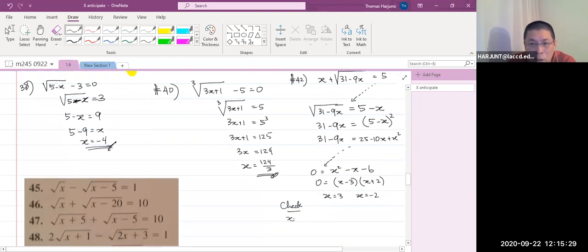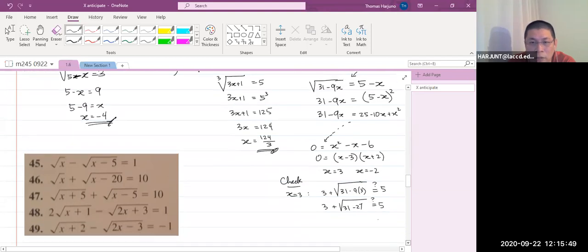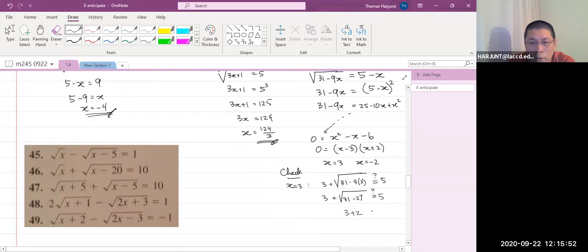When x equals 3, I get 3 plus square root of 31 minus 9 times 3. Is it equal to 5? 3 plus square root of 31 minus 27, is it equal to 5? 31 minus 27 is 4, square root of 4 is 2. So 5 equals 5. That's a check. It means x equals 3 is a solution. But I still need to check when x equals negative 2.